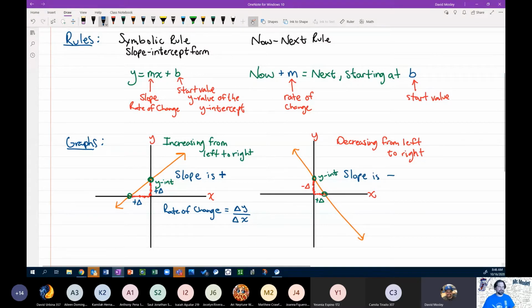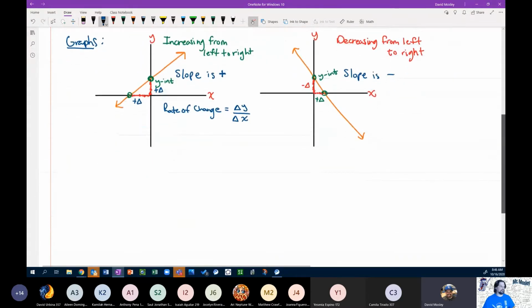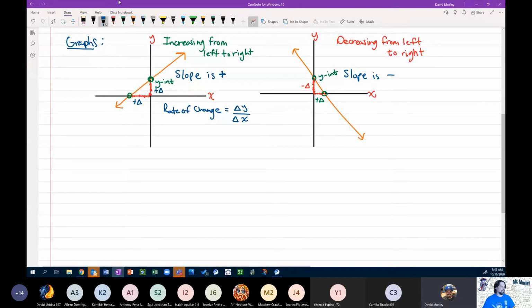Now, we also have tables. When given a table, there's two types of tables, okay?